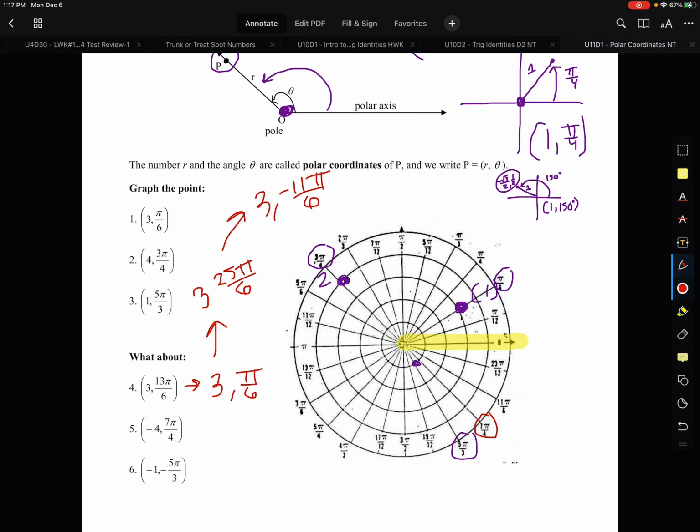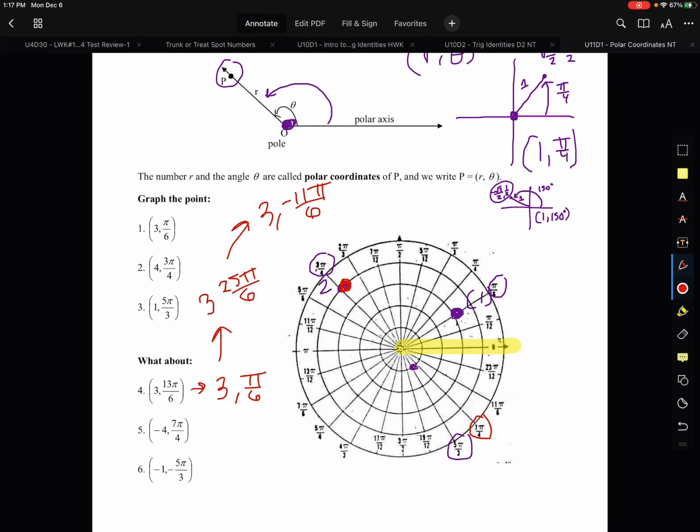We go through the origin, and we end up 4 units that way. So we loop around 7 pi over 4, but we don't stay on there. We go back through the origin, negative 4 units. So in the end, this is the exact same thing as we see in example 2, 4, comma, 3 pi over 4. Those always match up.